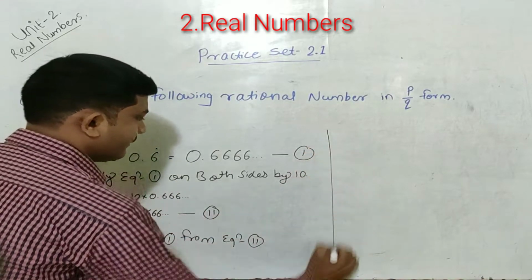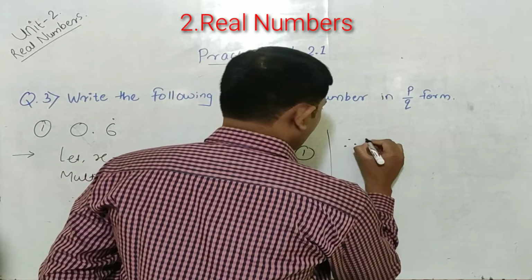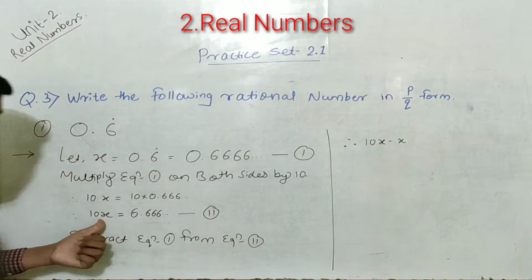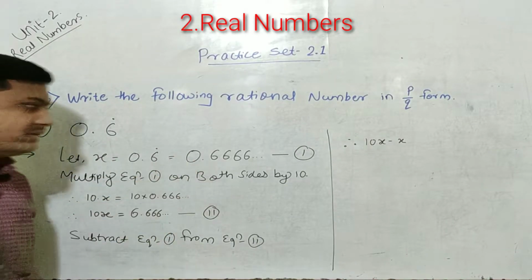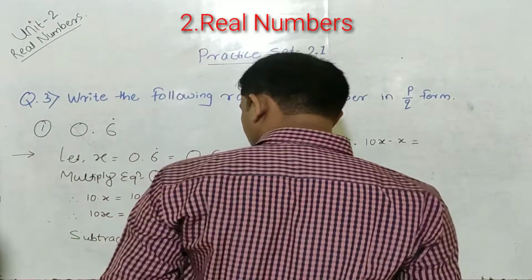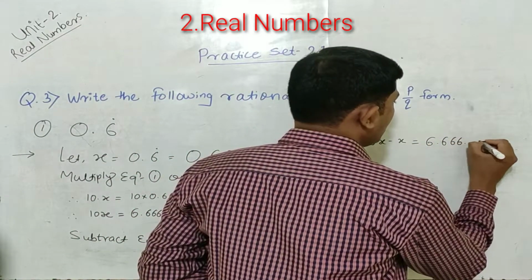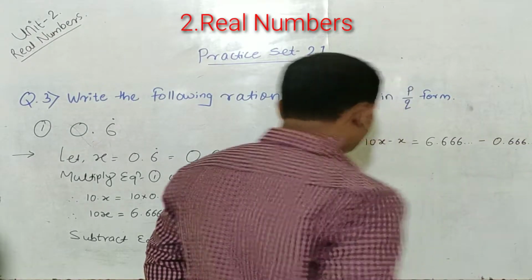What do we get? Therefore 10 times x minus x. Here LHS will be subtracted from LHS and RHS will be subtracted from RHS, which is equal to 6.666 dot dot dot minus 0.666 dot dot dot.